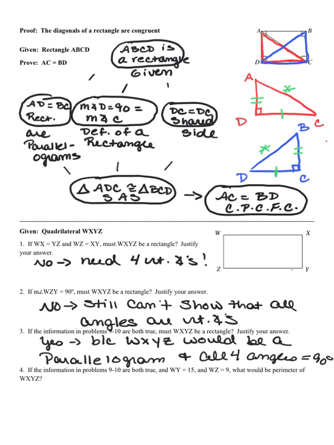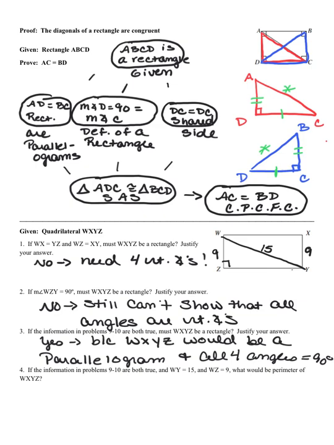And finally, if the information in problems 9 and 10 are both true, and WY is equal to 15, and WZ is equal to 9, and don't forget, that's a right angle, what would the perimeter of that quadrilateral be? Well, we know that the opposite sides are congruent, so that also has to be 9.